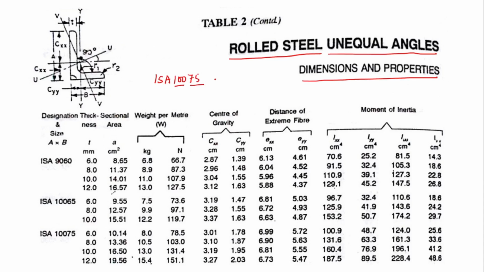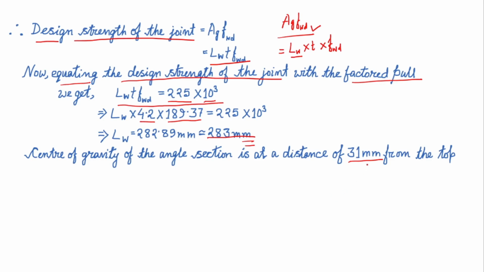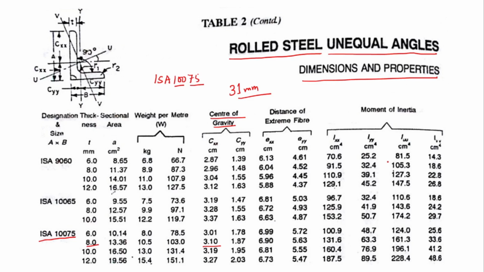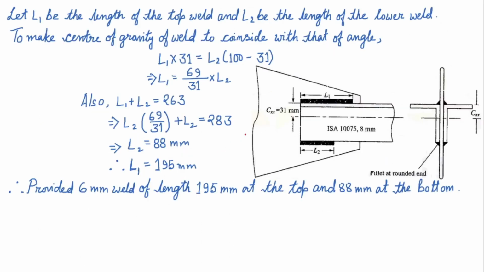So this is an unequal angle. Here for ISA 175 and thickness 8 mm, Cxx, this is the center of gravity, 3.1 centimeter. So it will be 31 mm if I convert it to mm. That's why I have written here it is 31 mm from the top.